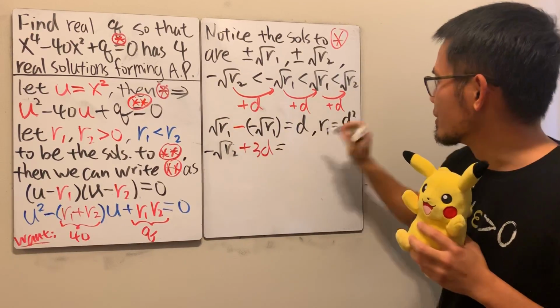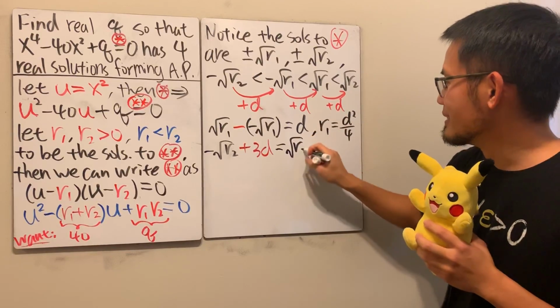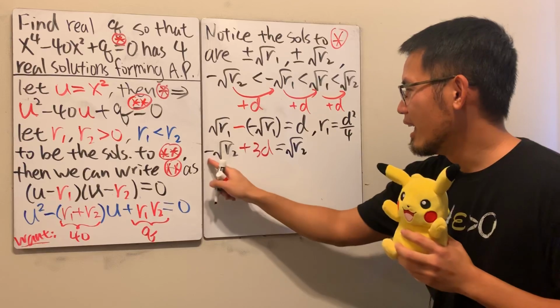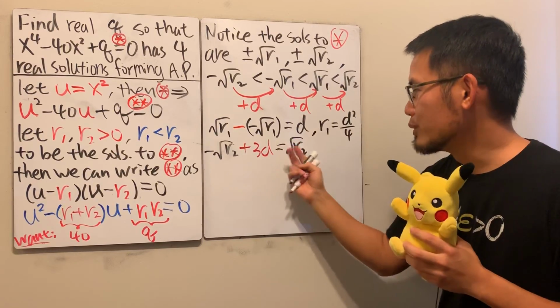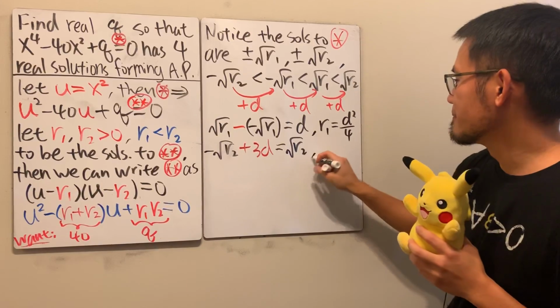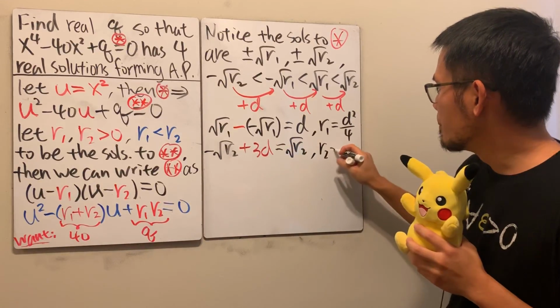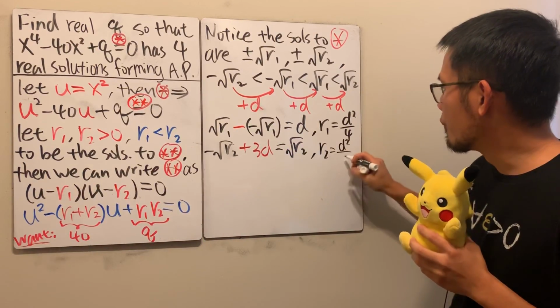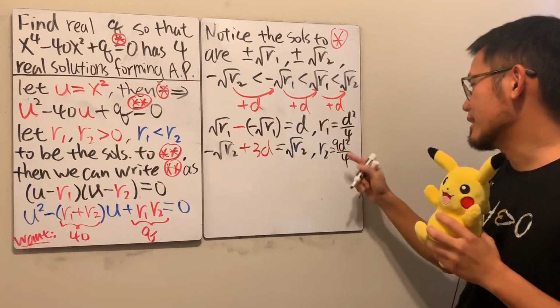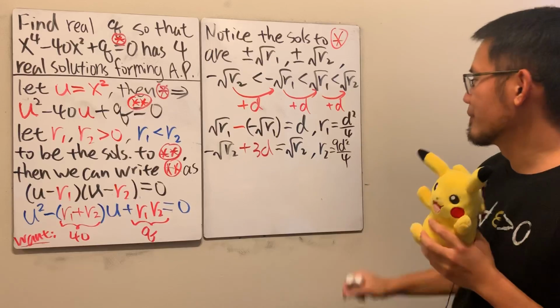This right here will give me square root of R2, right? So that's pretty nice. And now let's do this in your head again. Add this to both sides, so we have the 2 square root of R2, divide the 2 on both sides, and then take the square on both sides. R2 will be d squared over 4. And of course, I forgot the 9, because 3 squared is 9, so this is what we have.